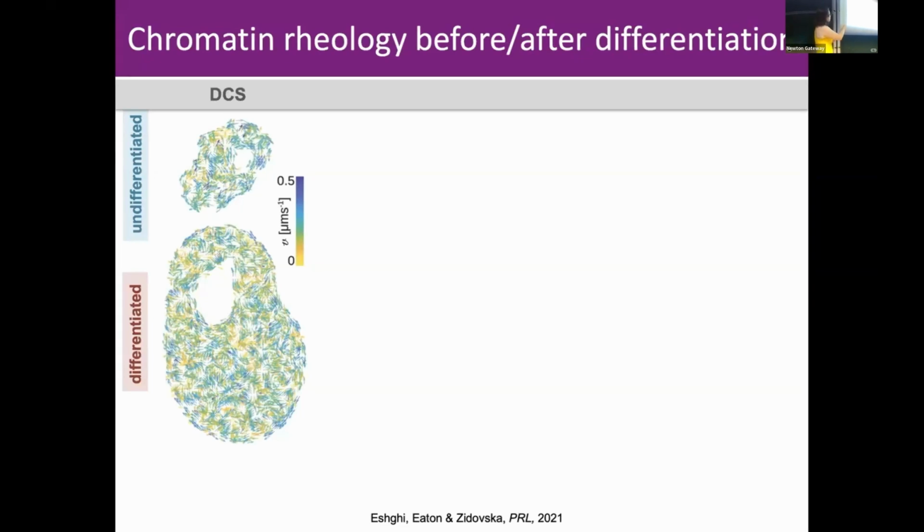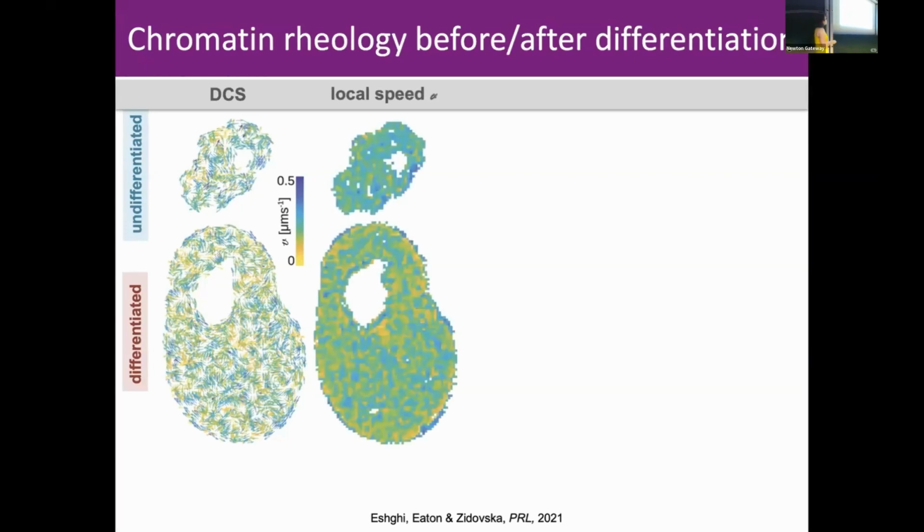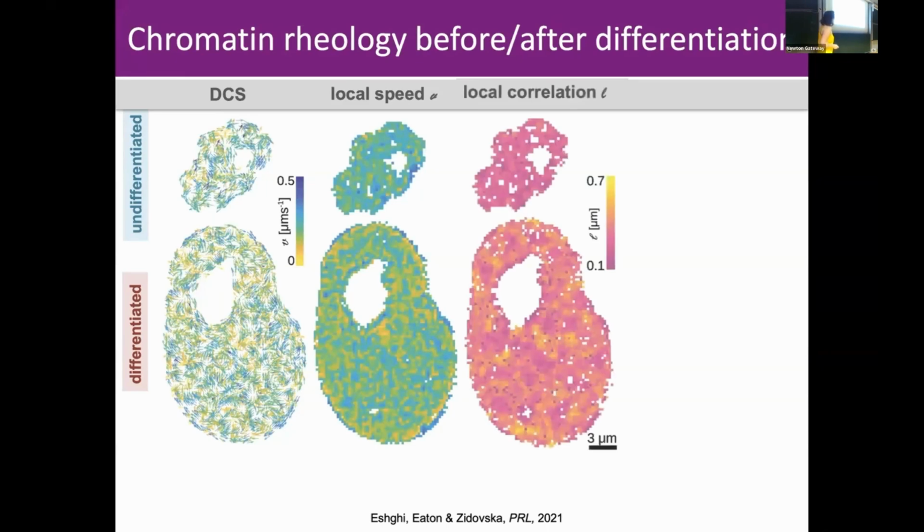With DCS, we can measure the genomic motions in undifferentiated and differentiated cells, and from that we can extract a lot of information. First, when you look at the local speed, this is the amplitude, right? Yellow corresponds to low speed, and the bluish regions are faster. Compared to stem cells, which are more or less bluish, with rather small color differences, here you have the emergence of these yellow islands.